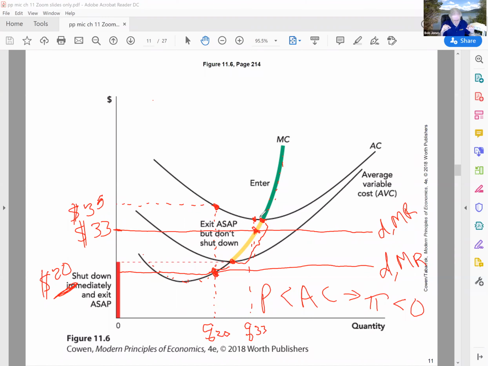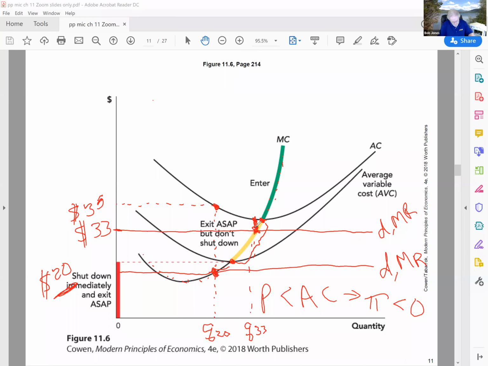So in this situation, the question becomes, is it better for the firm to produce in the short run, even though he's losing money, or is it better for him to shut down temporarily? If he produces, he's going to lose this much per unit, and that rectangle would give you the total losses.